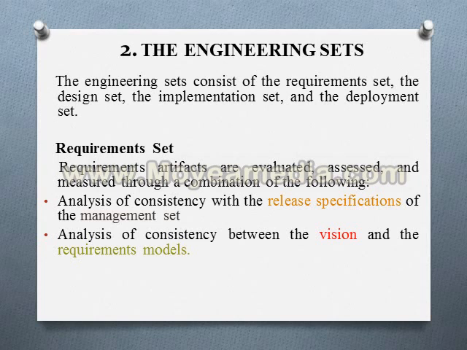We will discuss the requirement set today, and in another lecture we'll discuss the remaining sets. The engineering set consists of the requirement set, design set, implementation set, and deployment set. So these are the 4 types of sets that are the main part of an engineering set. Here we are discussing only the requirement set.